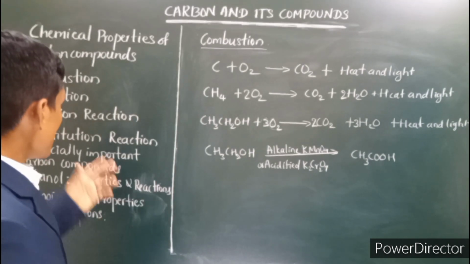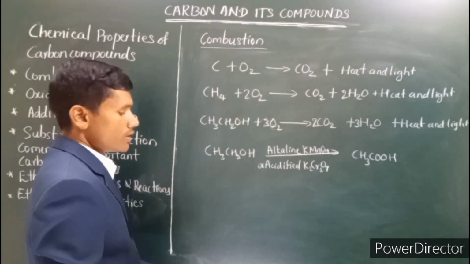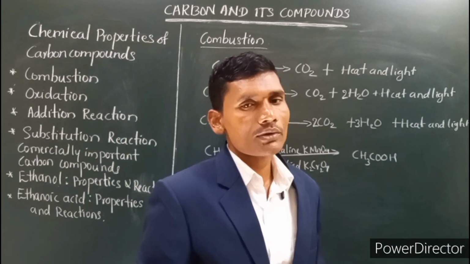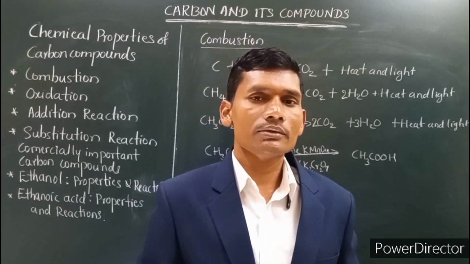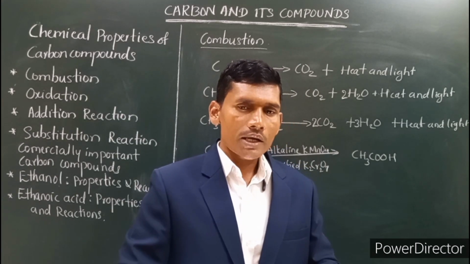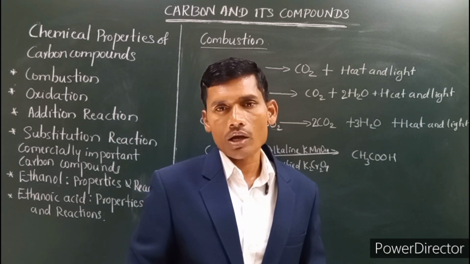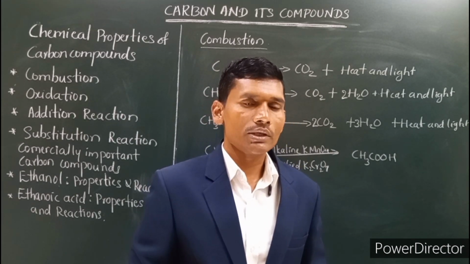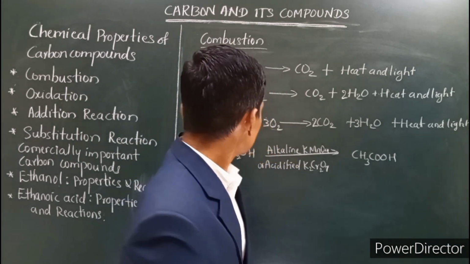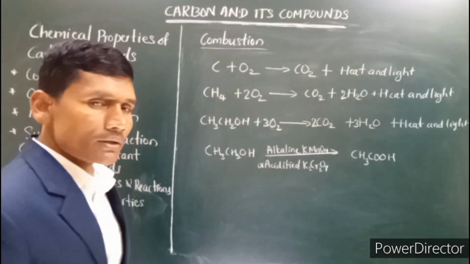Next, coming to addition reaction. What is an addition reaction? Some of the unsaturated hydrocarbons add hydrogen, okay, and convert to saturated hydrocarbons by adding hydrogen. That type of reaction is called an addition reaction.